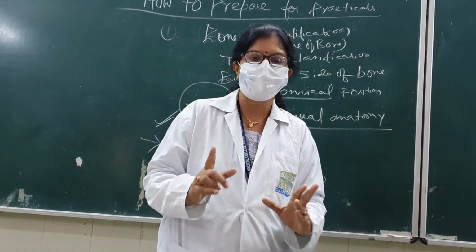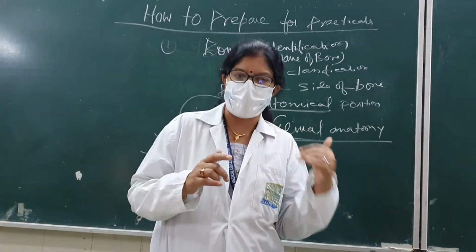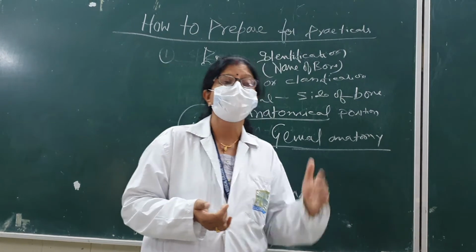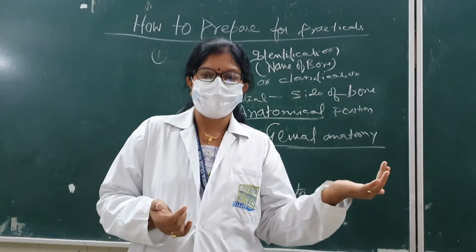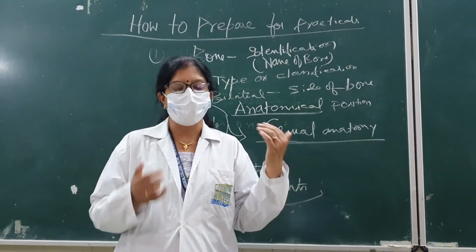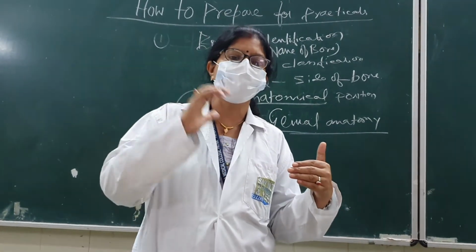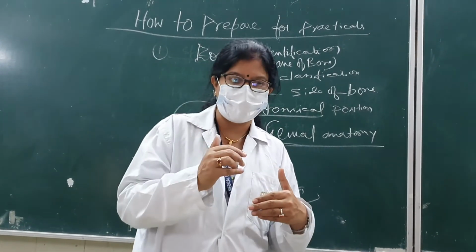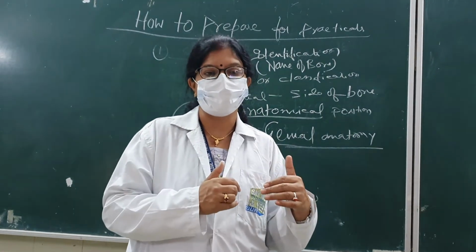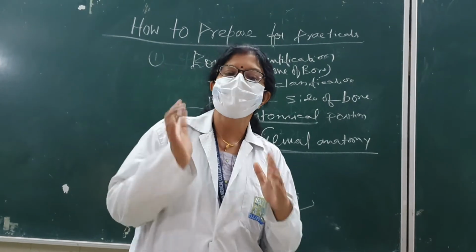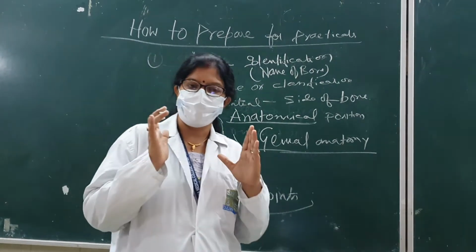So you should always be prepared for the practicals. It's not that you should practice in front of a mirror or with your friend. Think about how you will tell in viva in front of the teacher. Suppose the teacher is there, pretend another friend is the teacher, then he will ask you a question, then you have to answer. So all this should be practiced well.